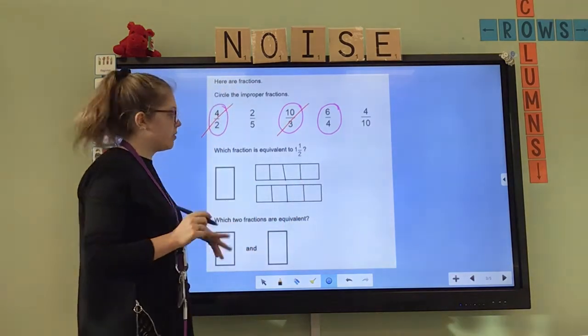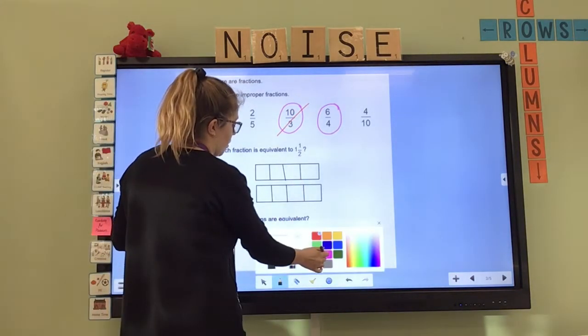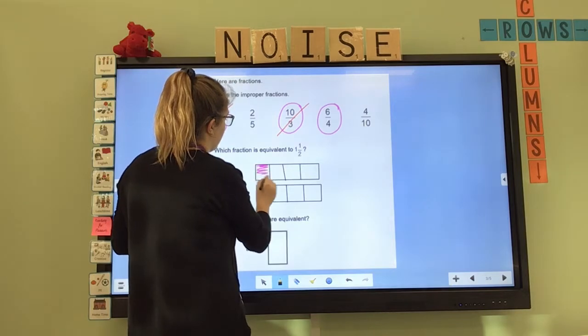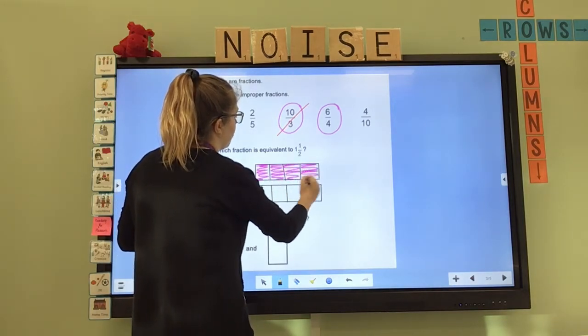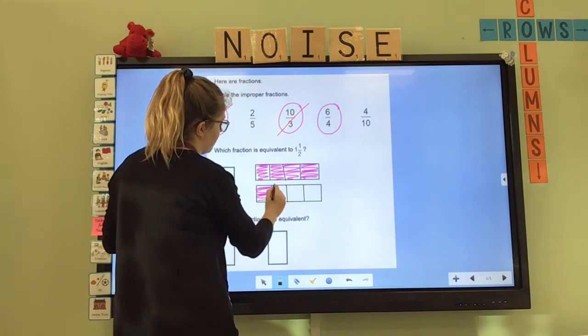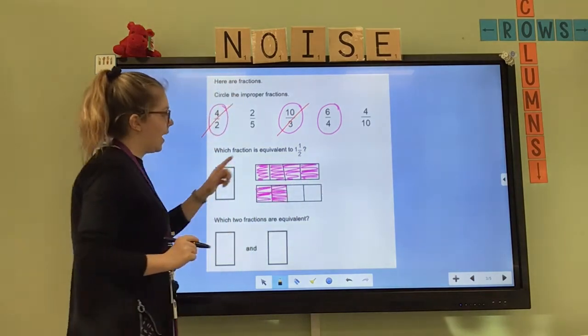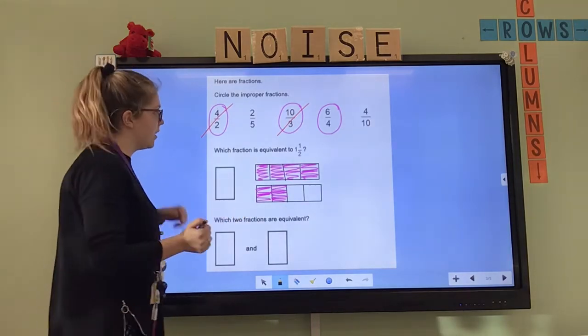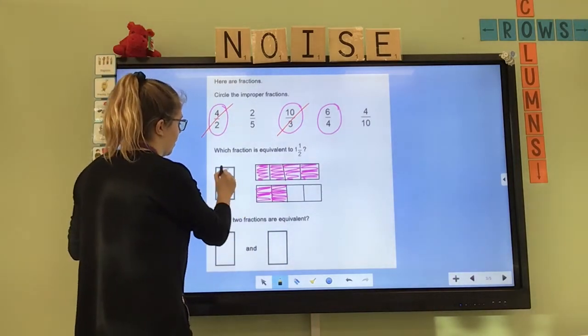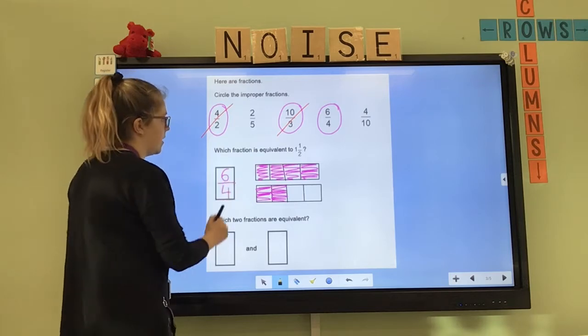Remember, pretending that those are equal. It's quite hard to judge on the board. We've got 1, 2, 3, 4, 5, 6. Have we got 1 1/2 if we've got 6/4? And the answer is yes. So I'm going to put my 6/4 in here.